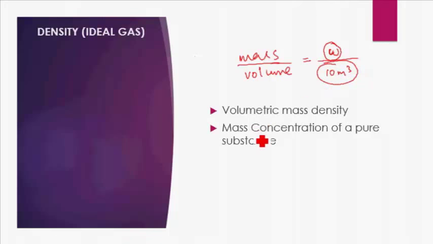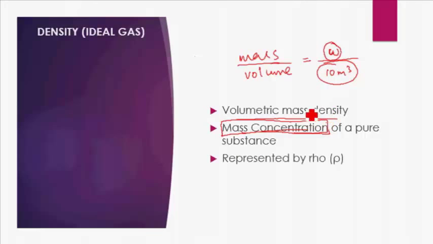This means I am talking about mass concentration. So density can also be called mass concentration for a pure substance, and it is volumetric mass density, that is mass per unit volume. It is represented by a Greek letter Rho. You write it like this, and you call it Rho.